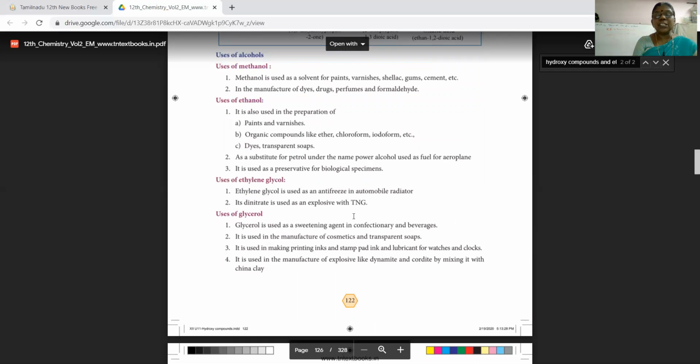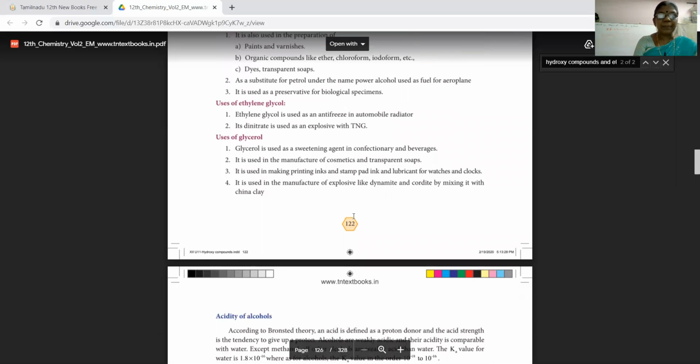Glycerol is used as a sweetening agent in confectionery as well as in beverages. It is used in the manufacture of cosmetics and transparent soaps, and also in making printing inks, stamp ink, and lubricant for watches and clocks. It is used in the manufacture of explosives like dynamite and cordite by mixing it with china clay.